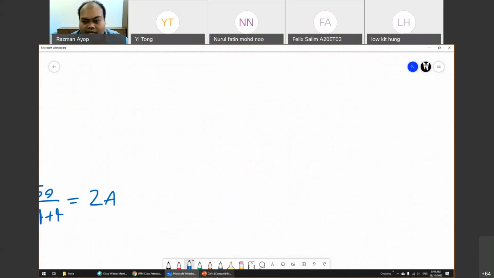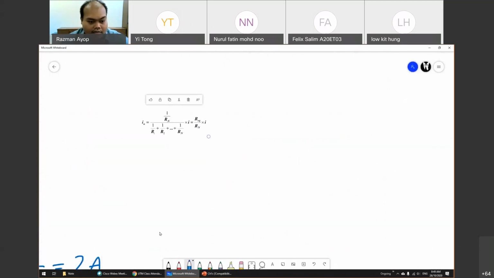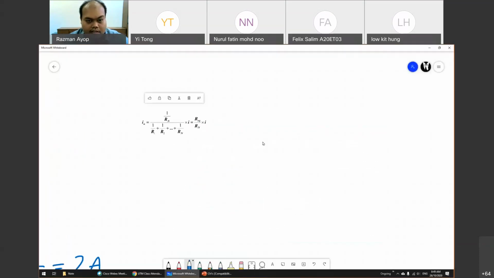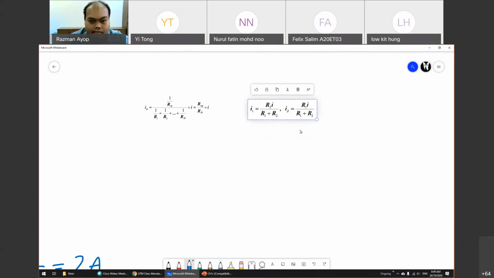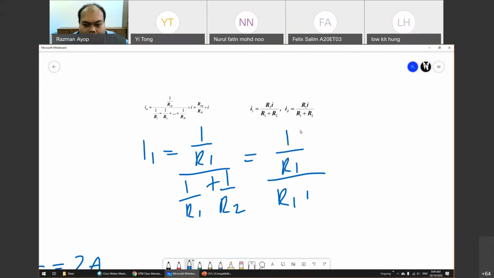So we stop first, because sometimes they ask how to derive this, so I show you how to derive. How this can become this. For example, you have 2 resistors in parallel. I1 equals 1 over R1 divided by 1 over R1 plus 1 over R2, times I. So 1 over R1 divided by R1 plus R2 over R1 R2.